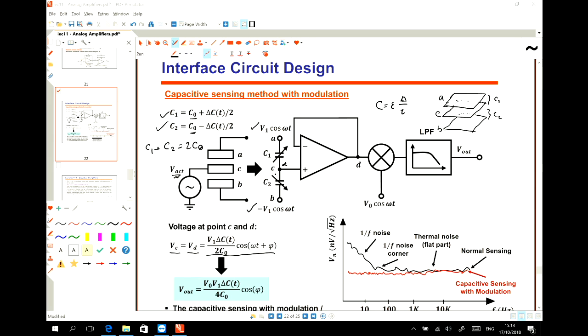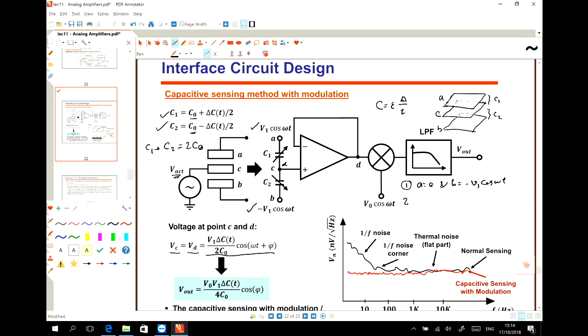When we want to find the voltage at this point, we have to use superposition. First, A is ground and B equals minus V1 cosine omega t, and find the voltage based on that.